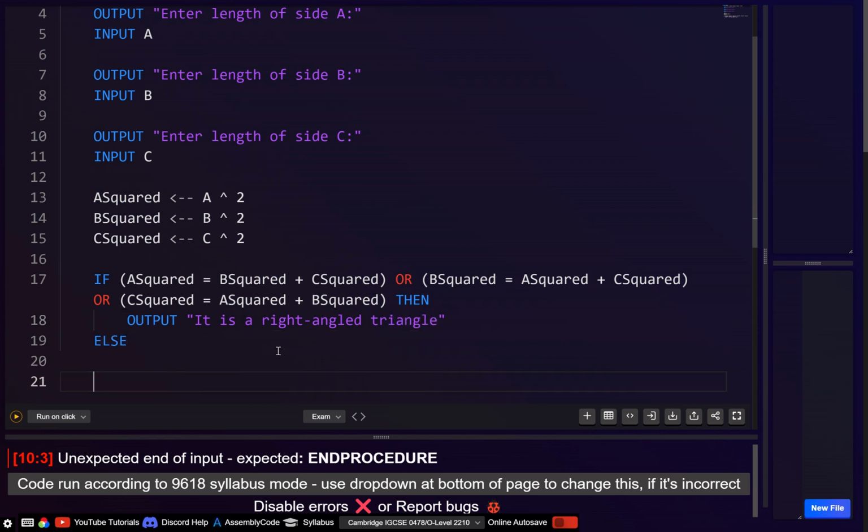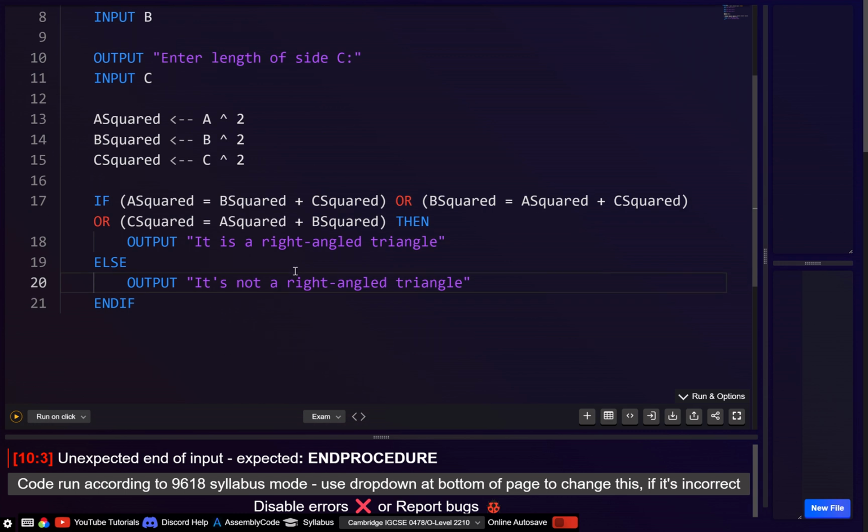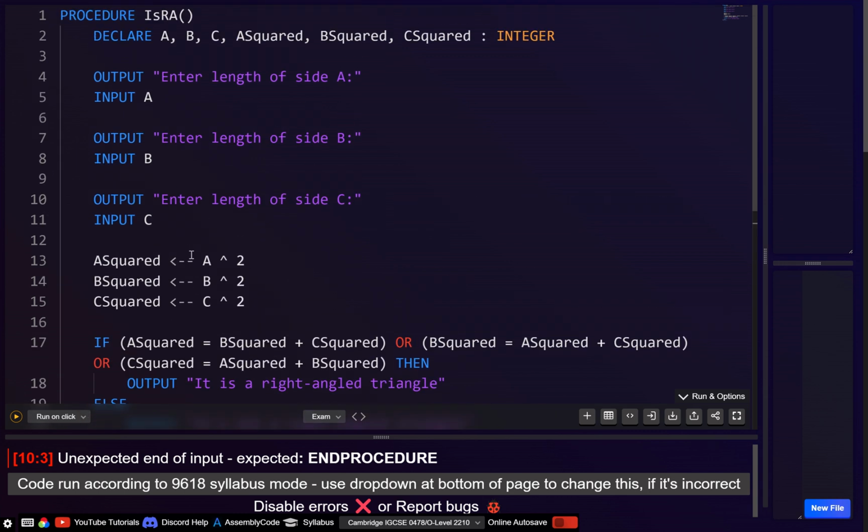Then we just have an else, and here we output it's not a right angled triangle. I think that should work. Let's have the end procedure. I think that's all we need.